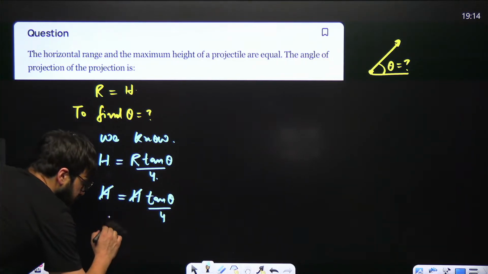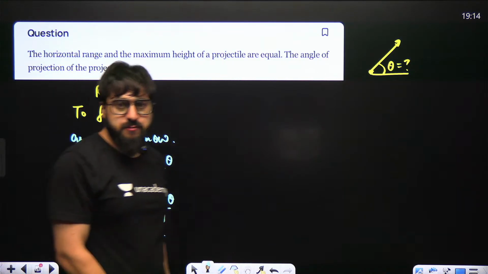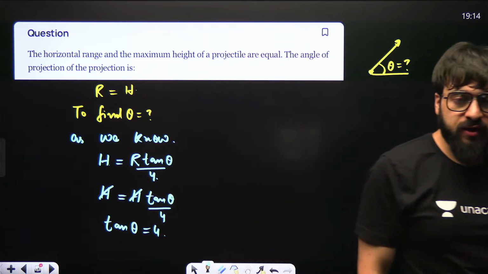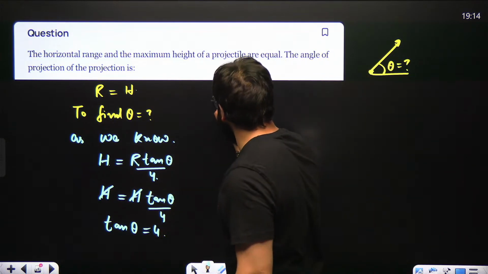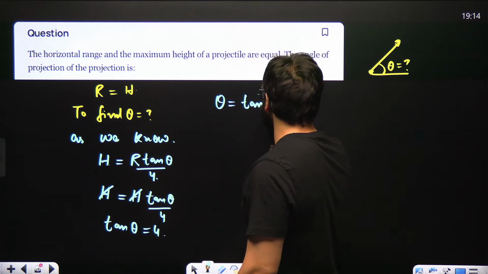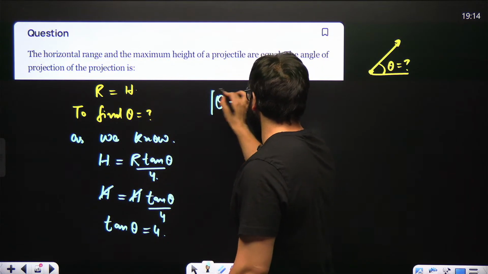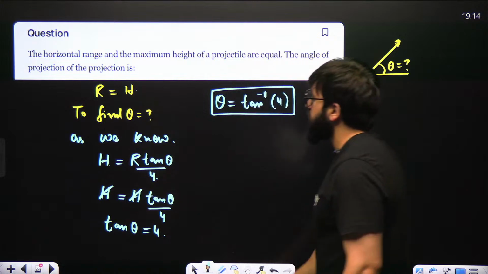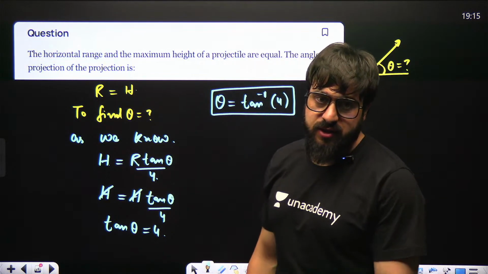So tan of theta will be equal to 4. Now, what will be the value of theta? I can simply say theta is tan inverse of 4. This is basically the answer in this particular case.